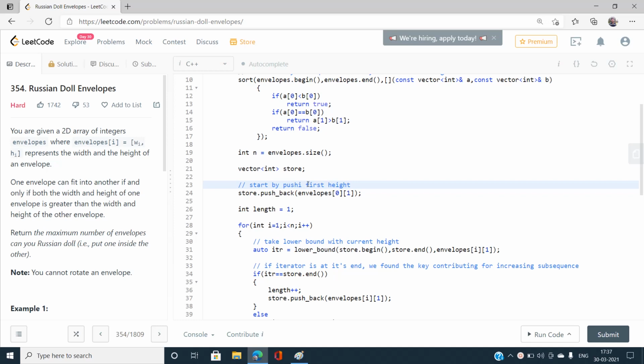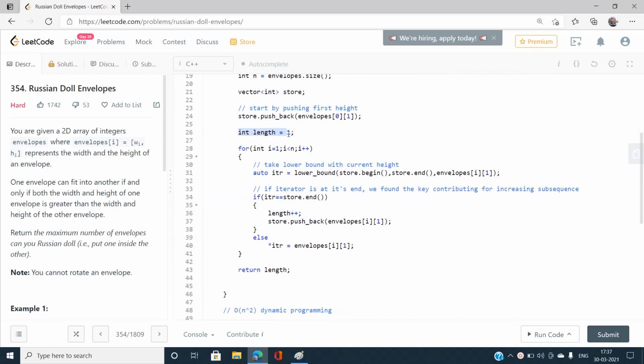So let's start with the base case, that is, push the first key. What is the first key? Since widths are already sorted in ascending order, I need to work upon the height, that is the second parameter for every index. That's why I put envelopes of 0 and 1, and the answer is now 1.